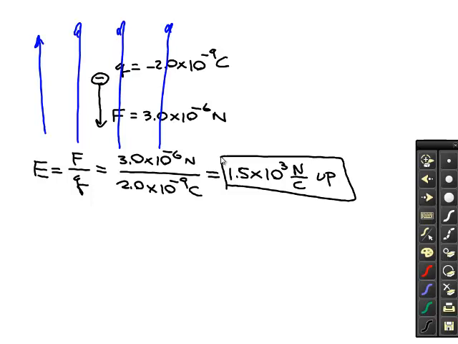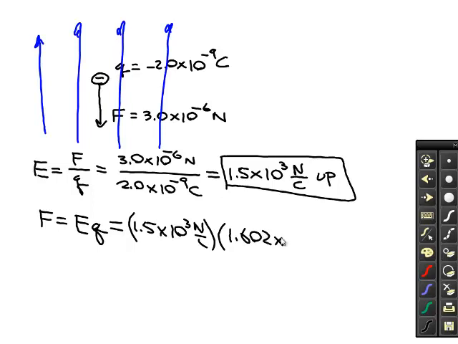Okay. What are the magnitude and direction of the electrostatic force on the proton placed in the field? Okay, we got the direction because the proton's a positive charge. It's going to feel up. The force felt by a proton, we'd say F equals E times Q. And of course, it's 1.5 times 10 to the third newtons per coulomb. And a proton is 1.602 times 10 to the negative 19.